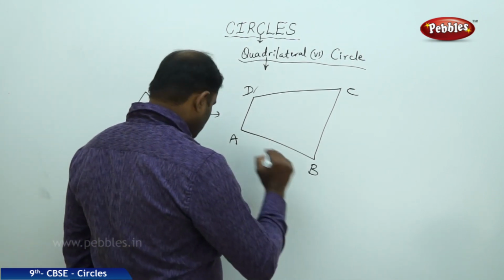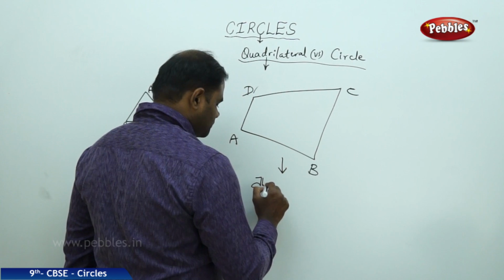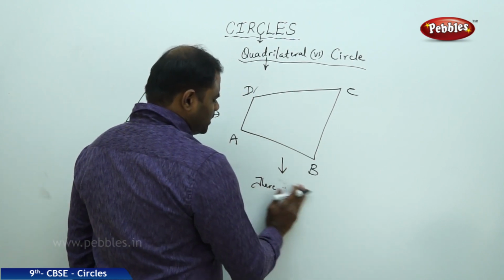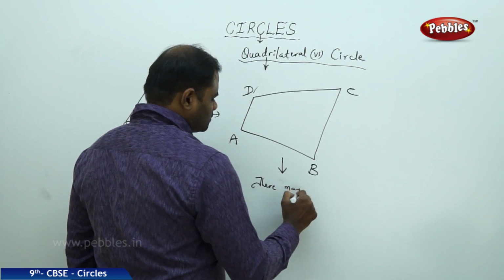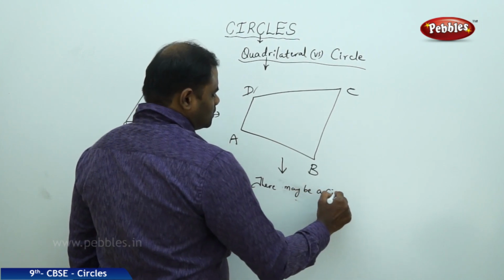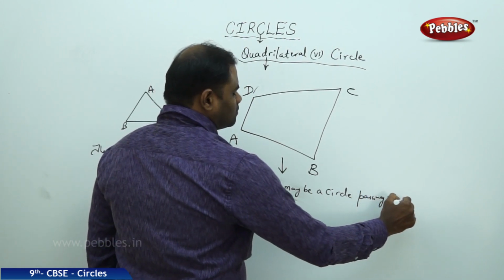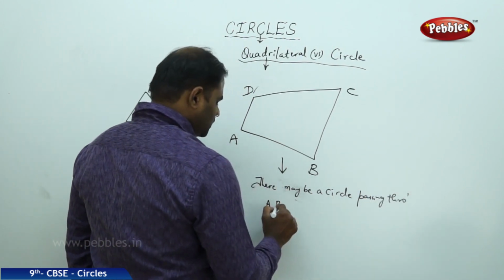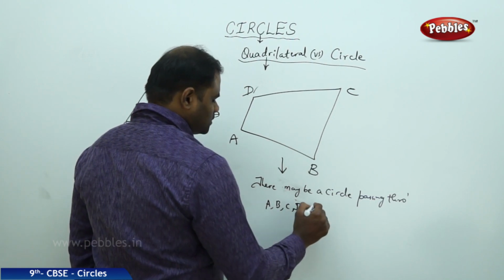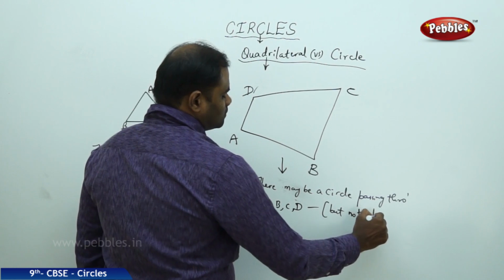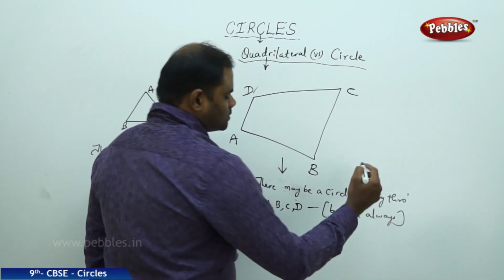But in the case of a quadrilateral, there may be a circle passing through A, B, C and D, but not always.